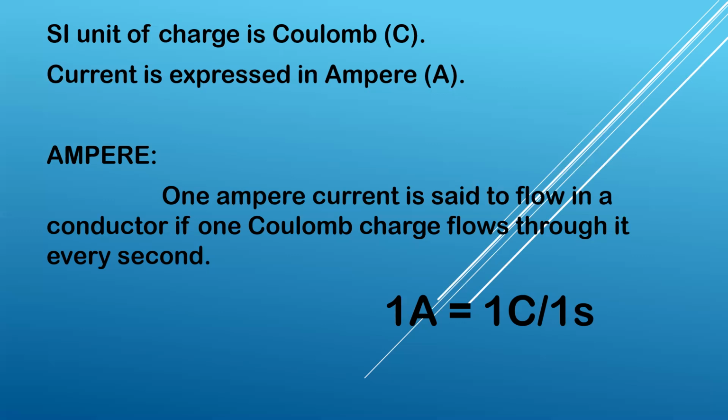Again, I will tell you a very important part, that what is 1 ampere? Ampere is the unit of current. So how you will define 1 ampere? 1 ampere current is said to flow in a conductor if 1 coulomb charge flows through it every second. If 1 coulomb charge is passing through a conductor in 1 second, then you will say that the current flowing through the conductor is 1 ampere.